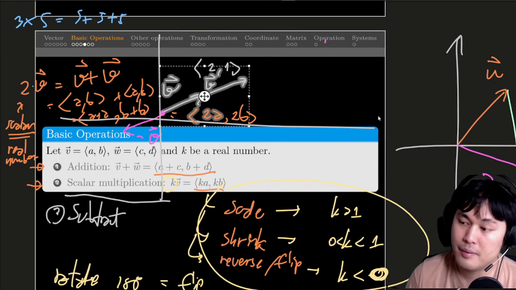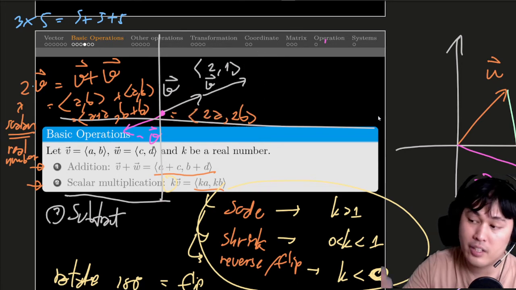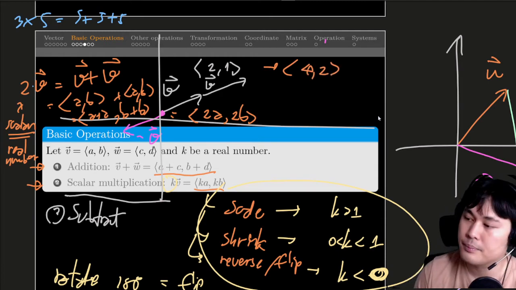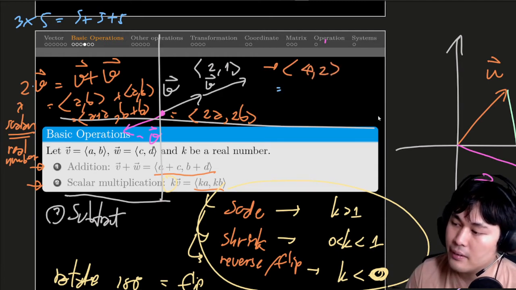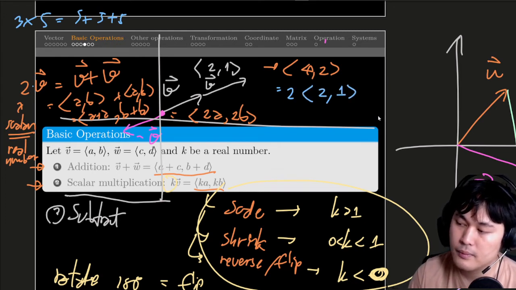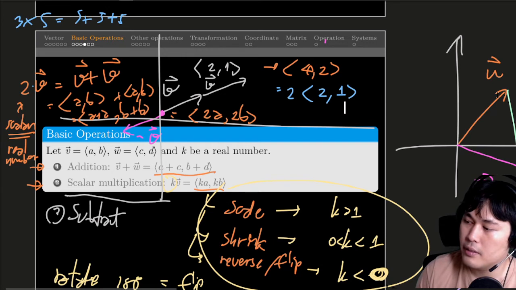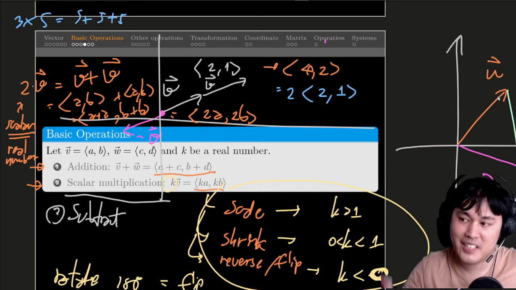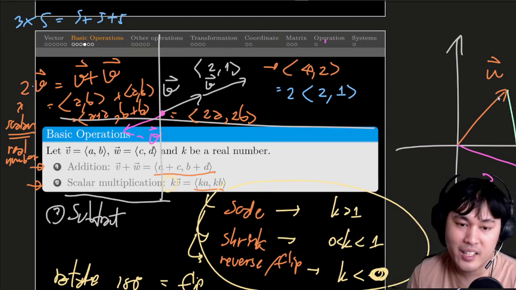Okay, so here if you have a vector (2, 1) and you scale it up by 2, you get, of course, (4, 2). We compute it by multiplying a number into the vector notation. If you write it as variables, you just stick those two notations together.